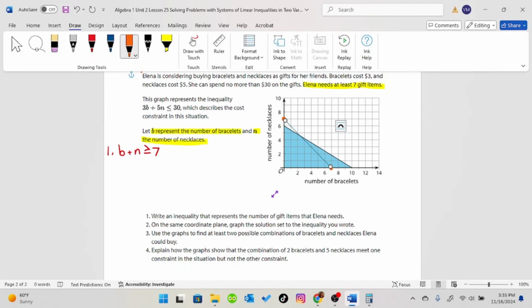Then we need to know which side of that solid line to shade. Since we want them to be greater than or equal to, we know that if we stuck 0, 0 in there, it wouldn't be true. So we don't want to shade down and to the left. We want to shade up and to the right. So we're going to shade everything above and to the right of that line that we just drew.